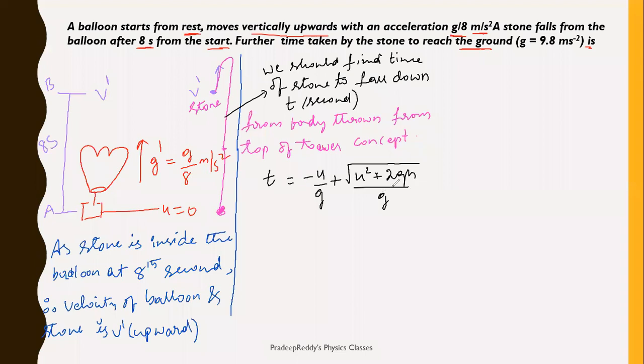Now in this problem, the u value is 0, but you do not know the h value. So you should find out this h. And g is the acceleration due to gravity. Here, after leaving the stone, the body is under acceleration due to gravity. It is not in the balloon. After leaving the stone, it is under gravity.